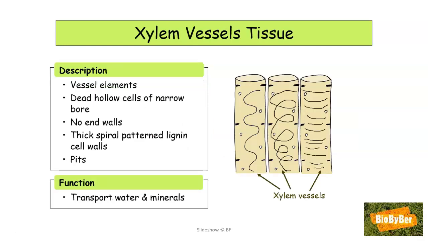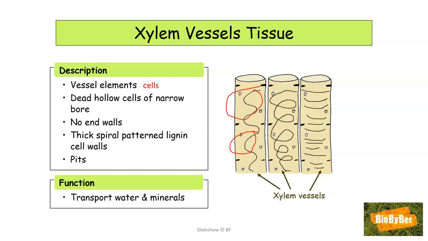Xylem tissue exemplifies the definition of a tissue as well, because it consists of similar cells. Xylem tissue is made up of vessel elements or cells. These cells are stacked one on top of the other, forming a hollow tube.